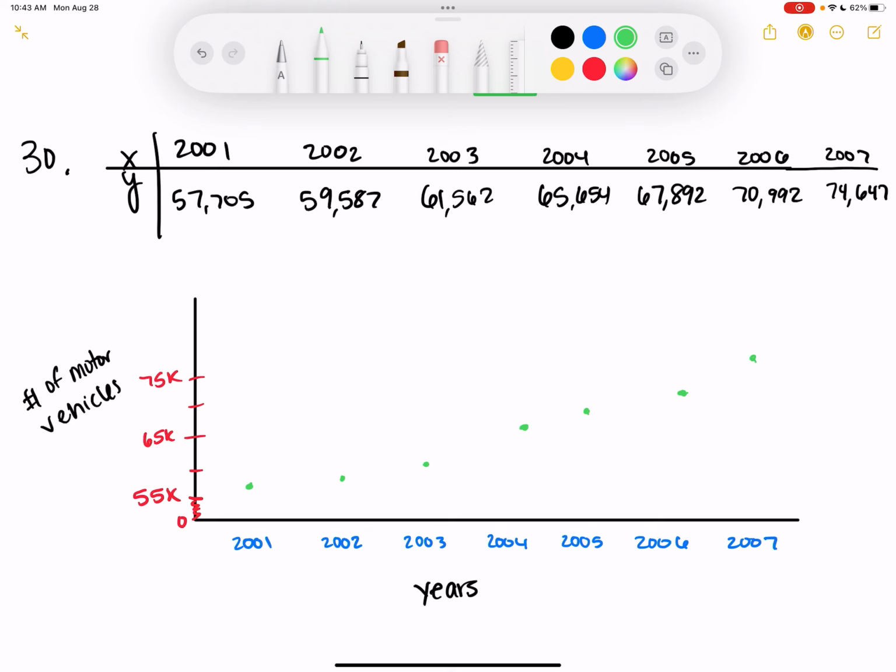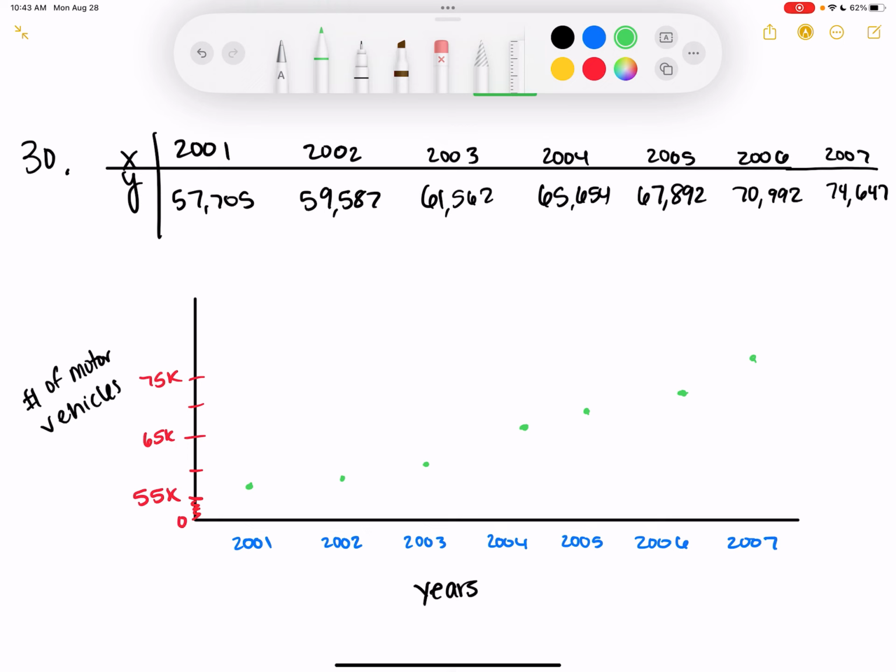So L1 is like the x-axis. It can be whatever we want, but when we go to do a stat plot, L1 is the default setting, so that's why I do it.